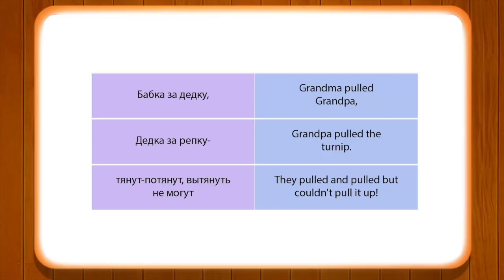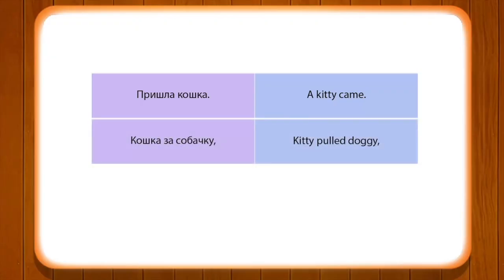What do we have in the story? Okay, the next we have Prishla Koshka. That means the kitty or cat came in to help them, of course. Koshka za sabachku, and the construction repeats. So Koshka also comes into the line and tries to help them out.